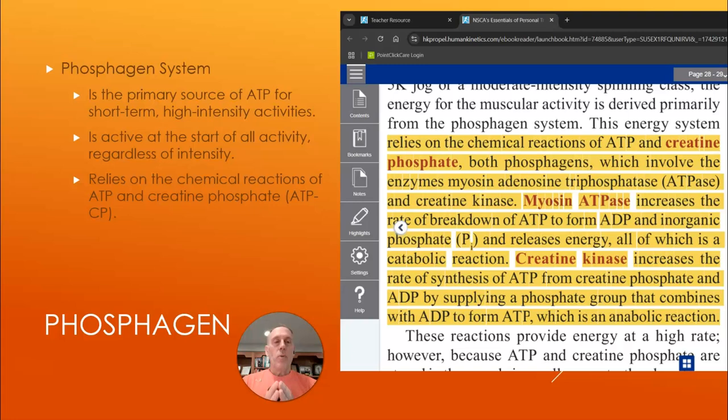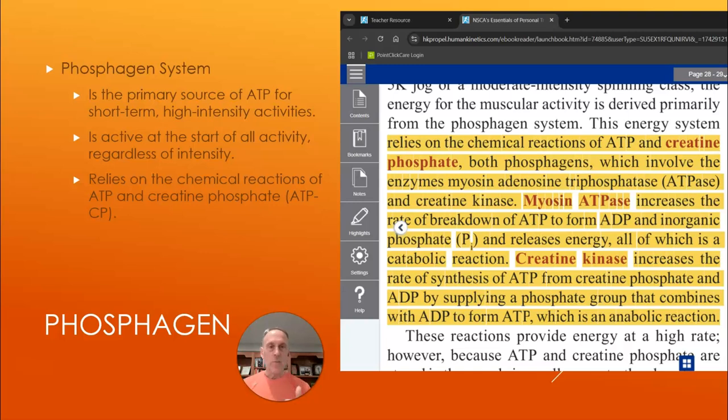But when you look at it, ATP and creatine phosphate are both phosphagens, and you can kind of deduce that from adenosine triphosphate and then creatine phosphate, right? Pretty easy to put that math together.